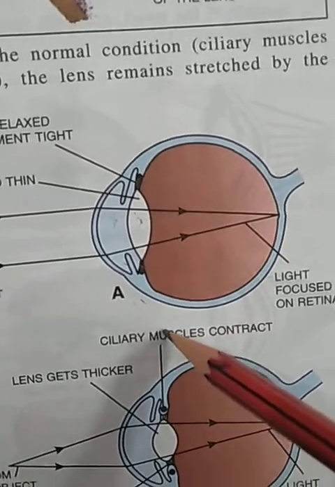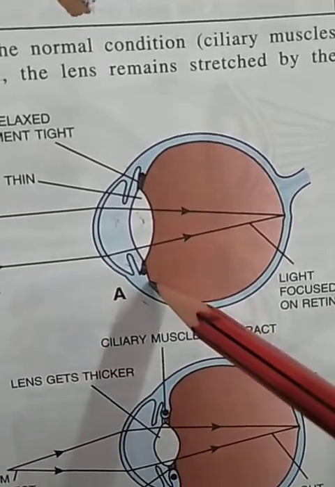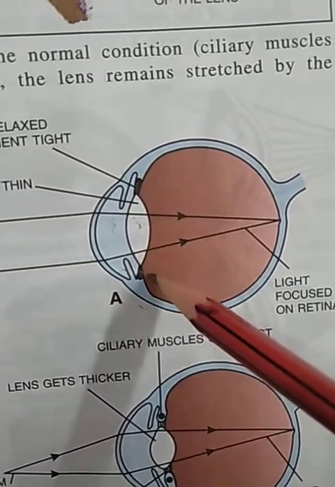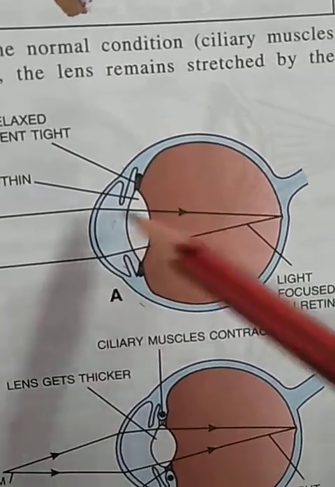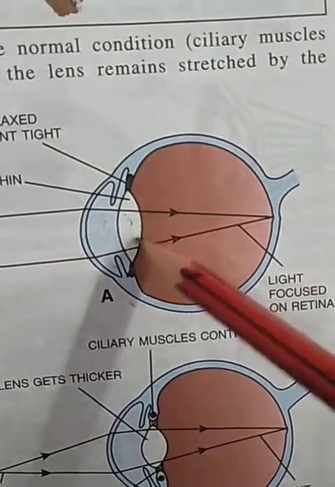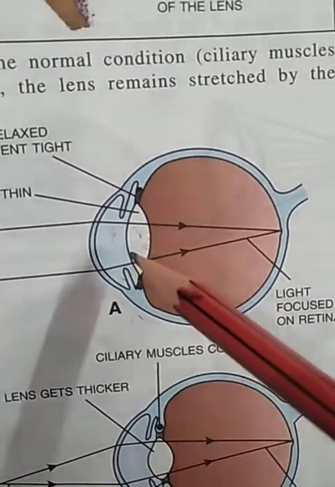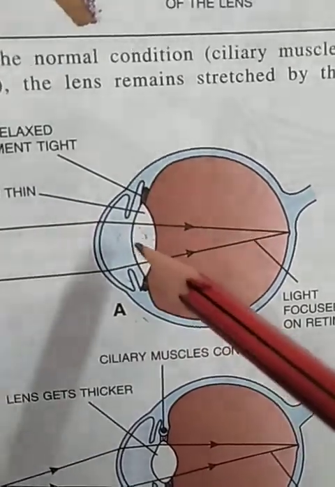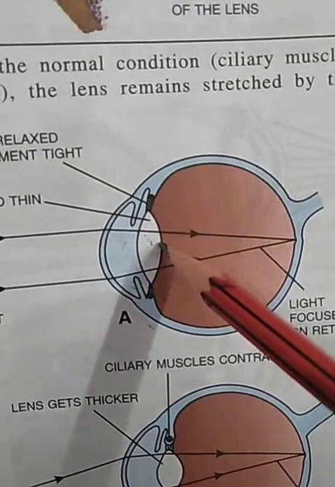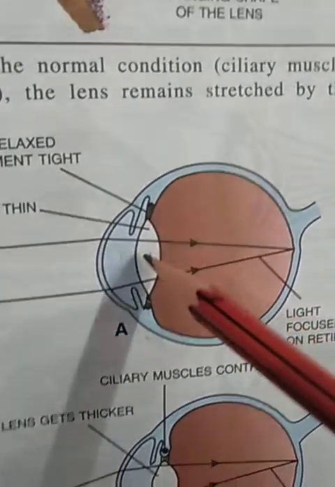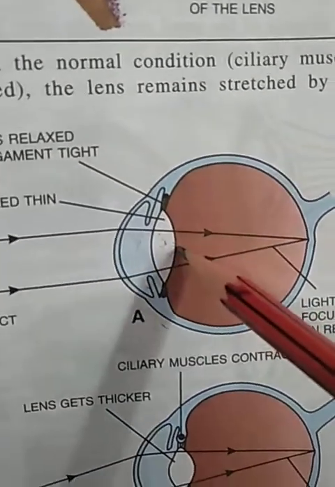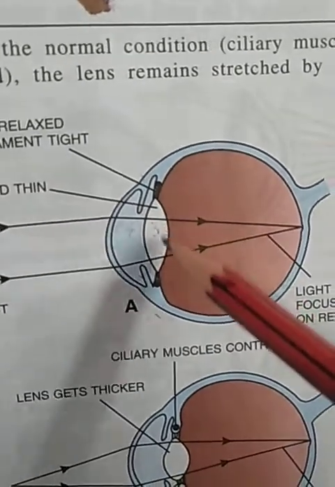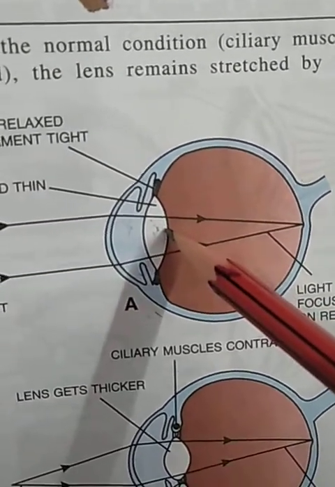And the ciliary body contains muscles, which help in contraction and relaxation. When the ciliary muscles contract or relax, they can change the shape of the lens. And the shape of the lens changes in order to view objects at different distances.